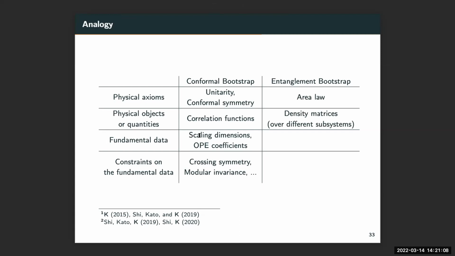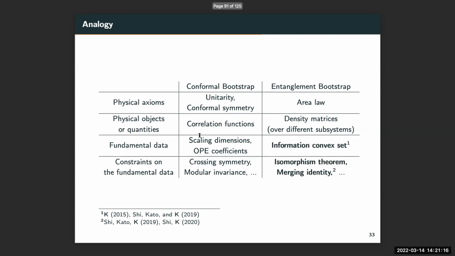And the objects or quantities that we care about are, instead of correlation functions, density matrices over different subsystems. And the fundamental data, like the analog of the scaling dimensions or OPE coefficients, would be the information convex sets and the extreme points in that set, because they obey certain very nice specific constraints. And those constraints can essentially all be derived from this merging identity.